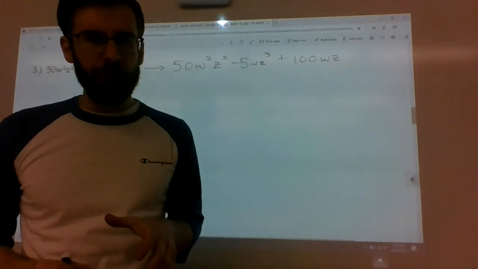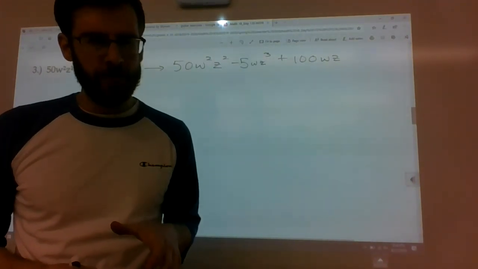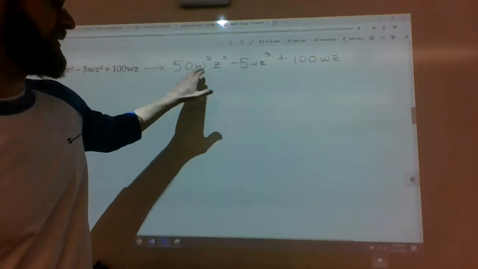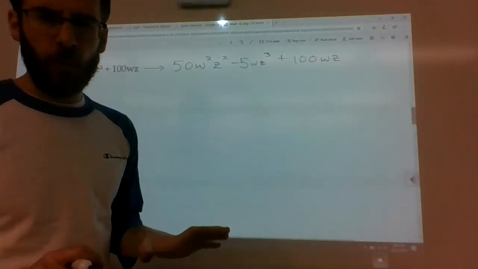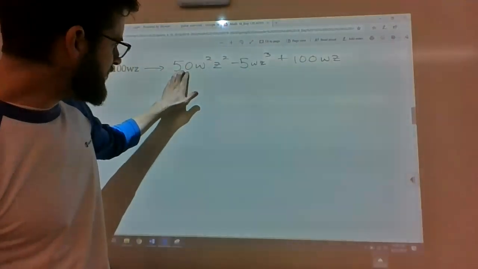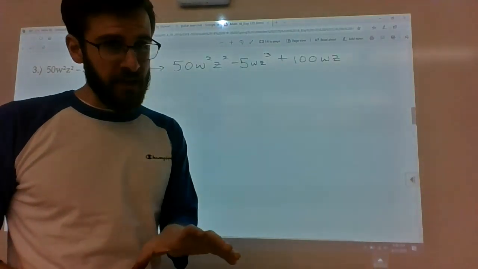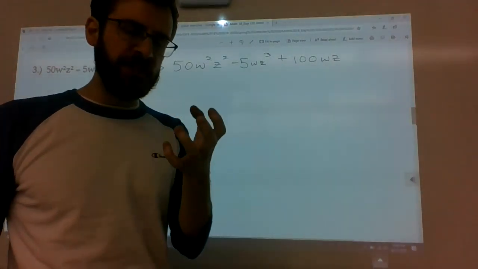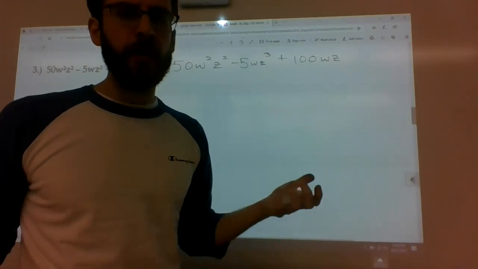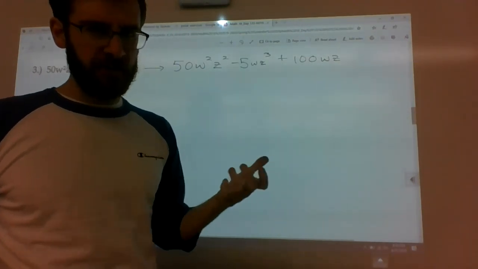This is very helpful if you're good with mental math. So if you can look at this and ask yourself, all right, just take it one step at a time. What does 50, 5, and 100 divide? And if you can do that, then you can start to figure out what the GCF is without even doing prime factorization. So check this out.